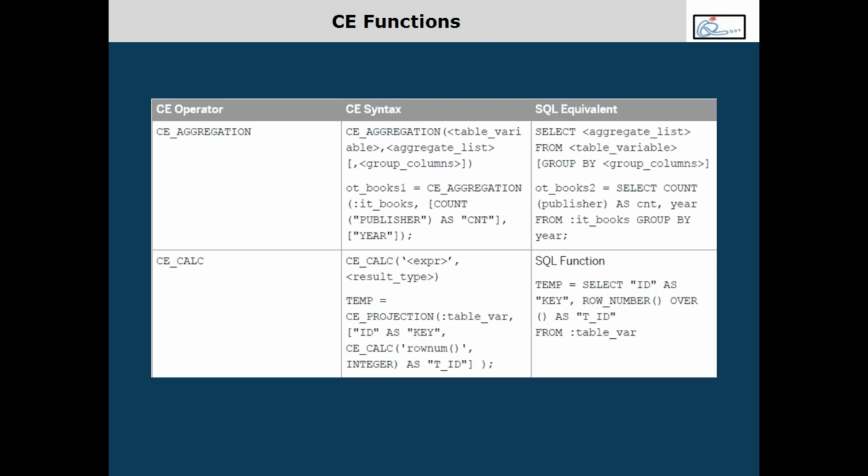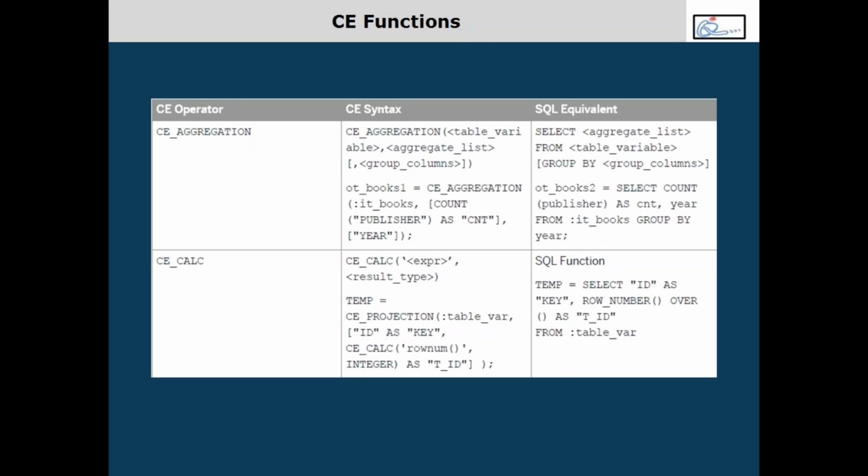And then CE underscore aggregation is for aggregating the records. So when you say aggregating the records, let's say in the normal select statements you write something like select sum of, max of, min of, and whenever I use these aggregate functions, I must use the group by clause, right? Same way, when you want to implement aggregation functions with the group by clause, we go with CE aggregation.